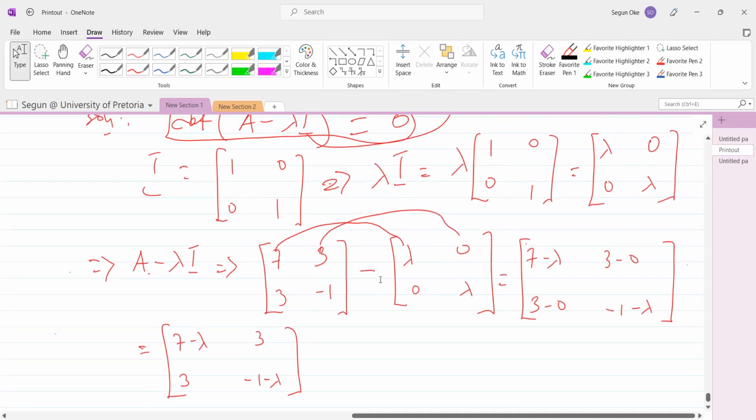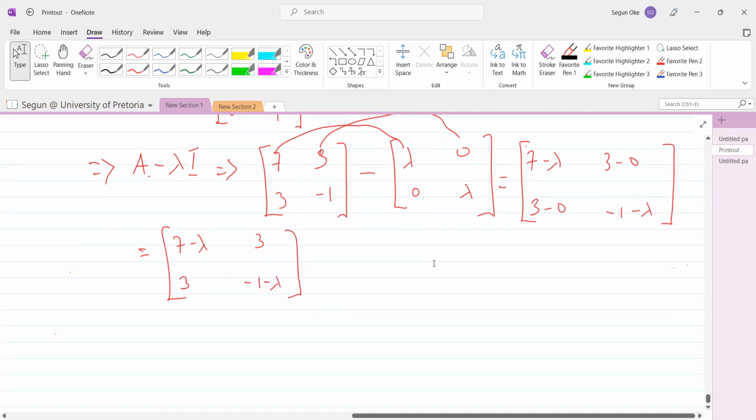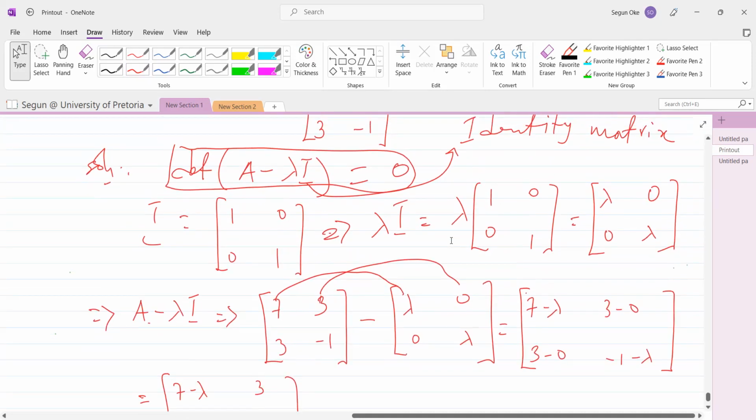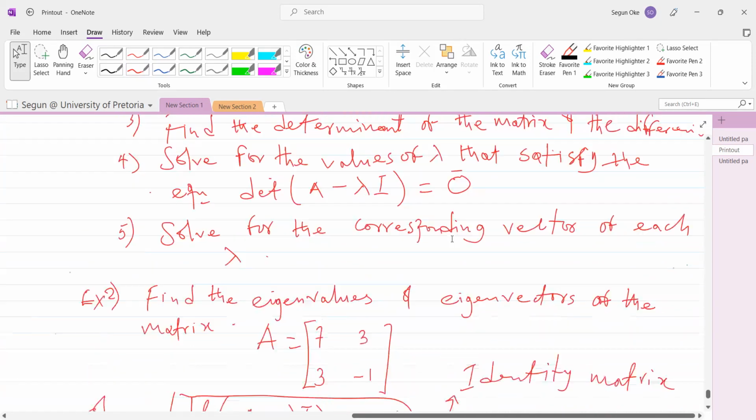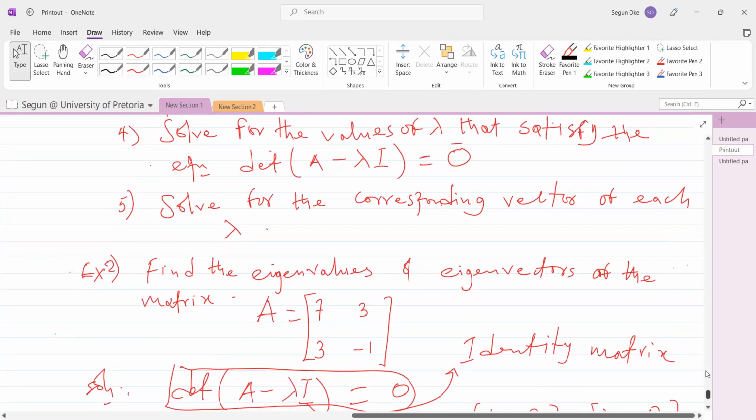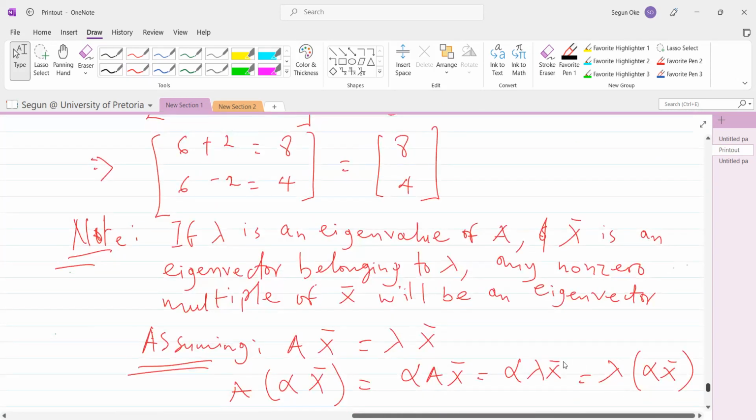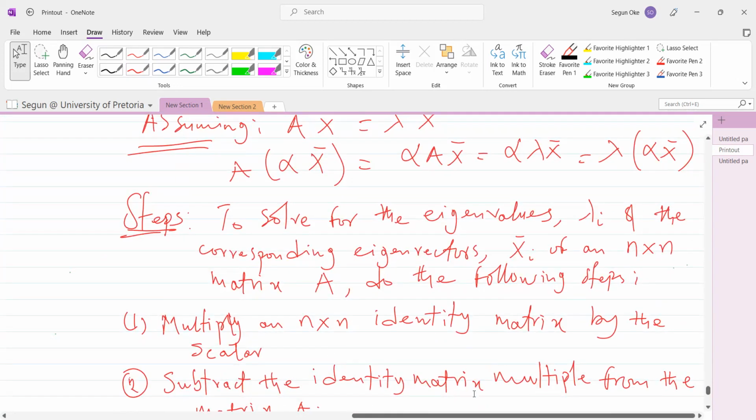Can someone read step 2 for us, please? Nobody? Okay, let's continue.